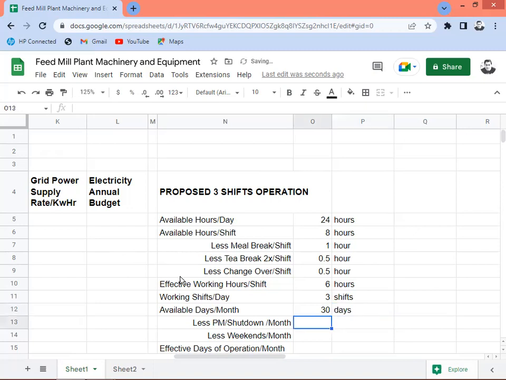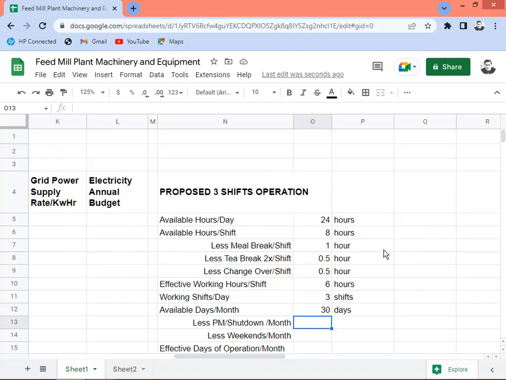And then we're going to get again the effective days of operation per month. So less PM shutdown. In 1 month, you're going to provide 1 day of preventive maintenance or shutdown of the plant. In 1 month, only 1 day you're giving for the preventive maintenance, cleaning, making adjustments to the equipment, or changing parts that are already worn out.